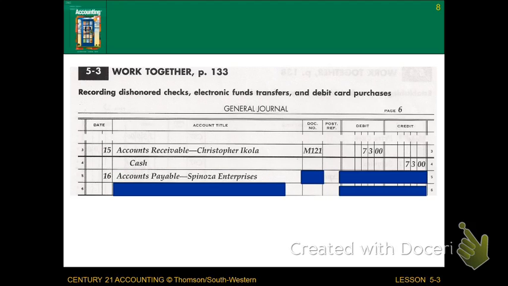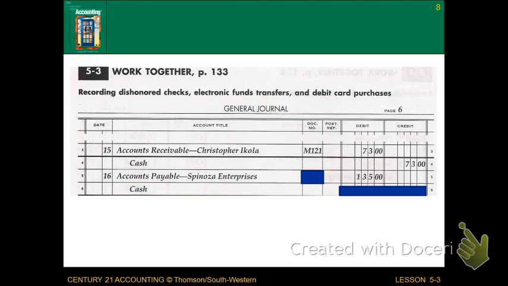We decrease accounts payable as a debit, so that's $135. And we decrease our cash account since we're paying cash on account, as a credit of $135, in accordance with Memo 122. That is how you handle a transaction when you are paying with an EFT, an electronic funds transfer.